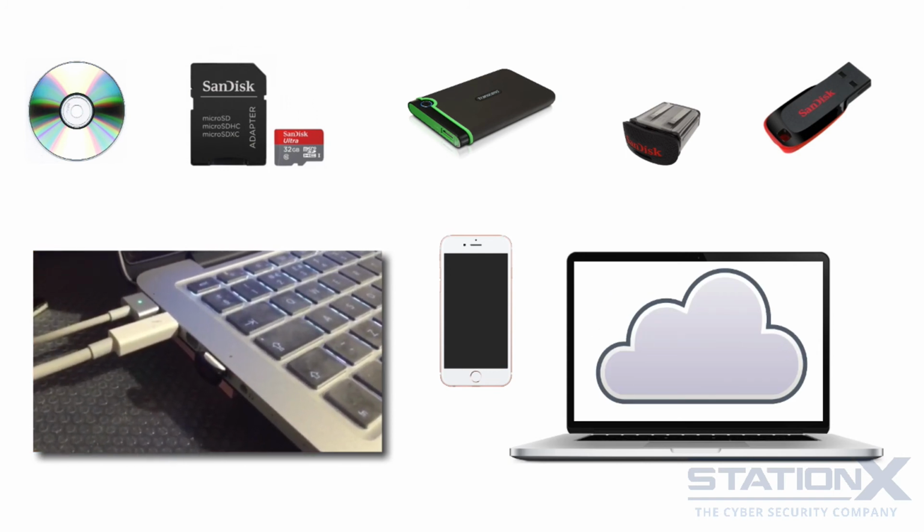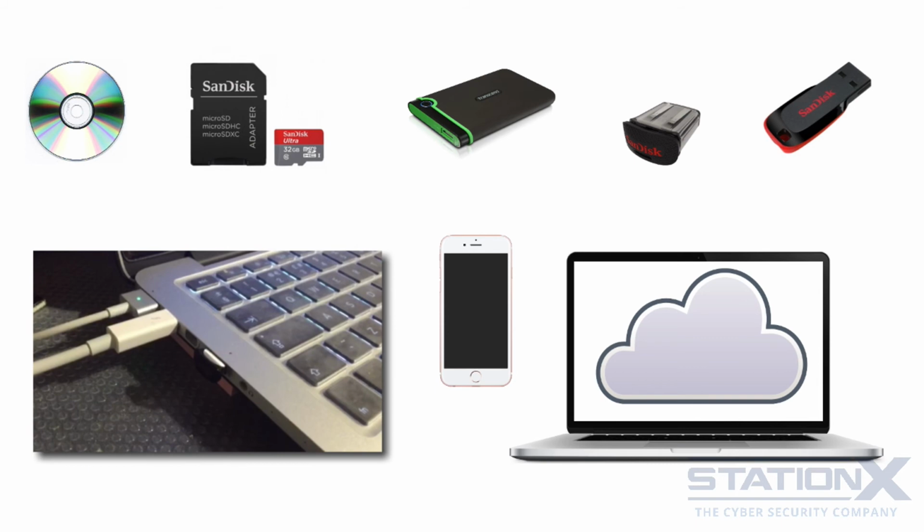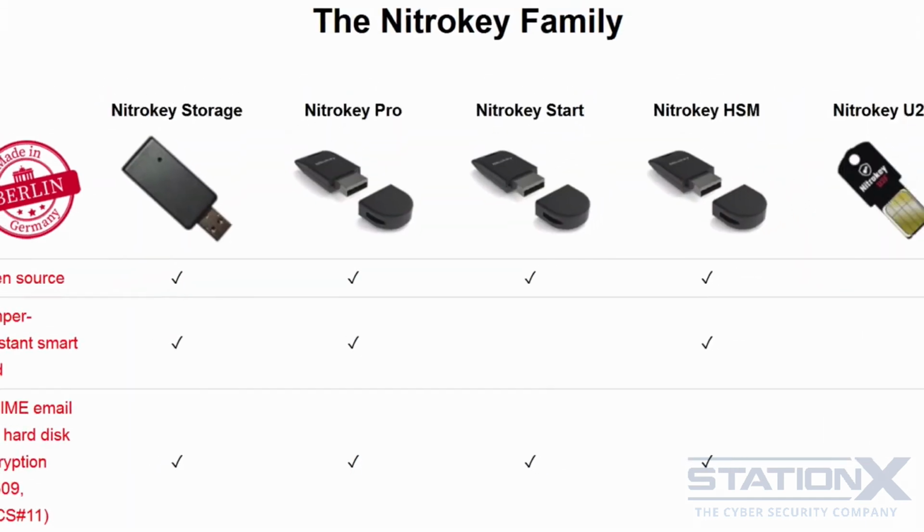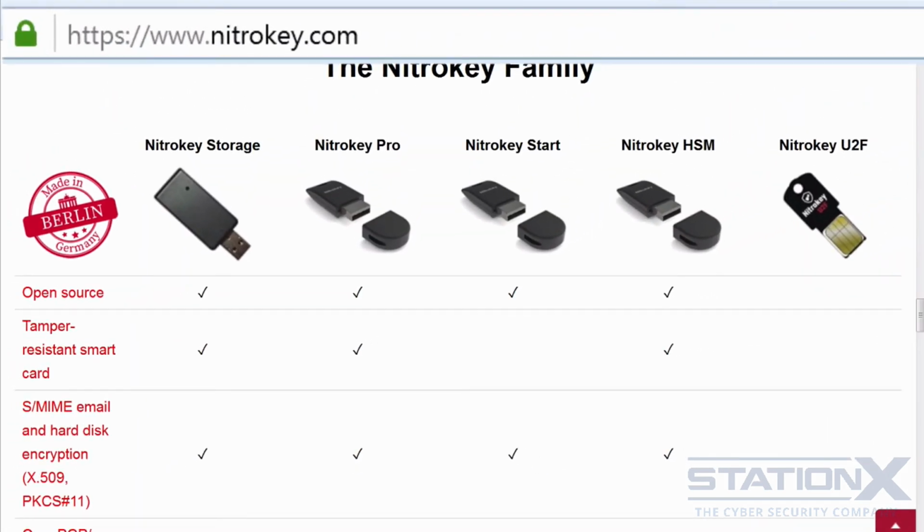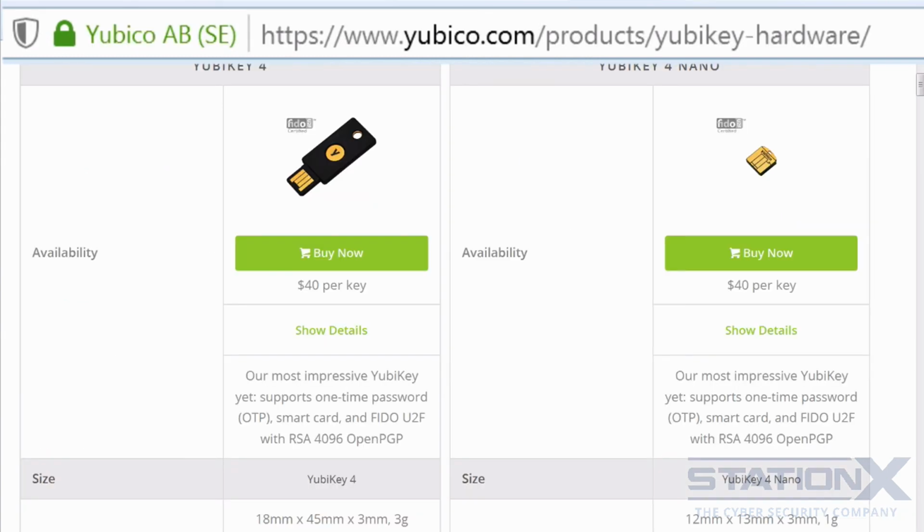Law enforcement agencies are having particular problems getting access physically to remote content out of their jurisdiction. You can use security tokens, hardware security modules, and store encryption keys separately. NitroKey is an example of something you can use to do that. YubiKey is also an example. We discuss more on these later.